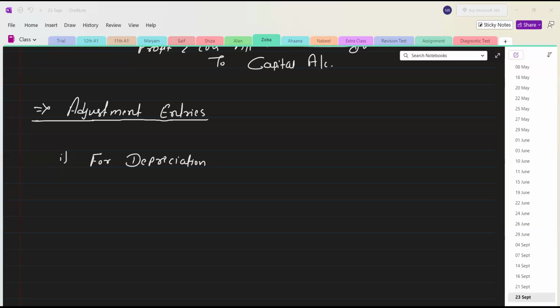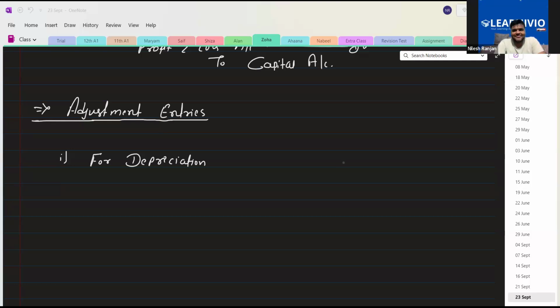You don't remember? Bad debts. Do you remember the entry for bad debts? Okay, so it means you are not revising the concept. You need to revise the concept.